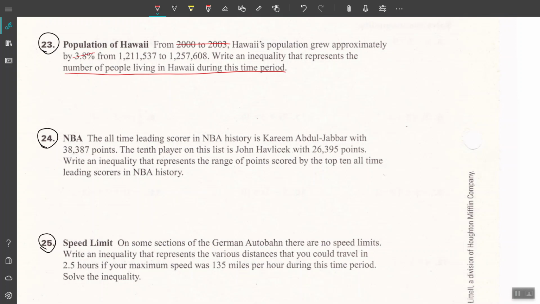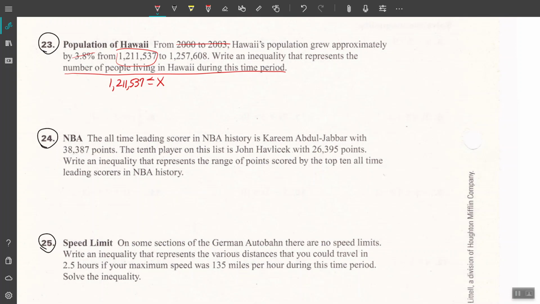So if we let x represent the number of people who were living in Hawaii during that time period, well, x, the number of people living there, is greater than or equal to this first number.